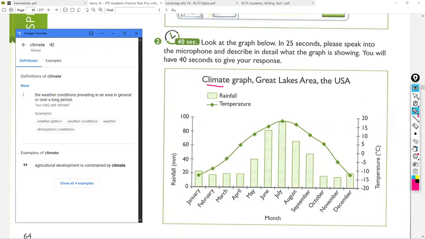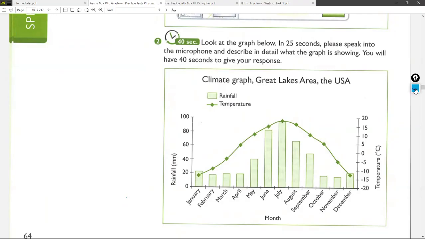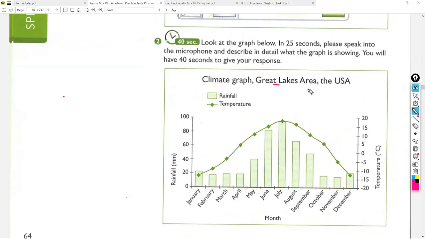So it is about the weather conditions. If it is rainy, as I told you, snowy, cloudy, or something like that. So the weather in this area, the weather in the Great Lakes area, absolutely in the USA.